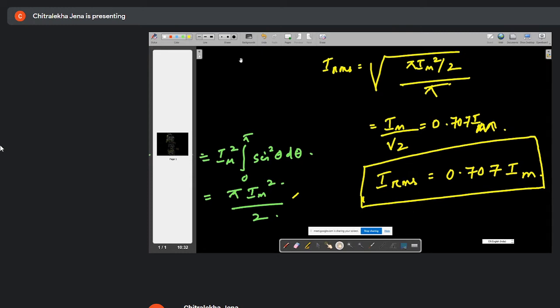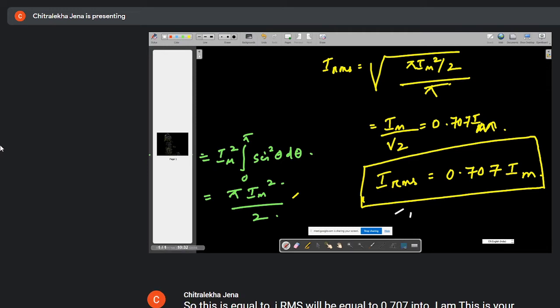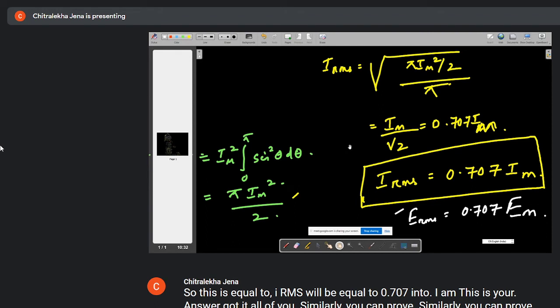Similarly, you can prove ERMS is equal to 0.707 into what? Clear? Yes, ma'am.